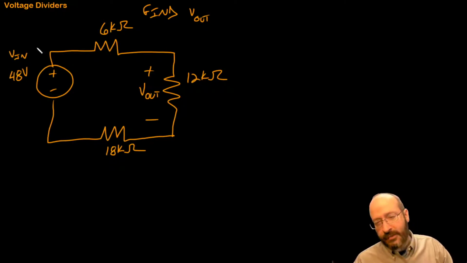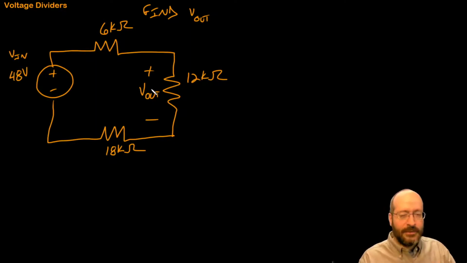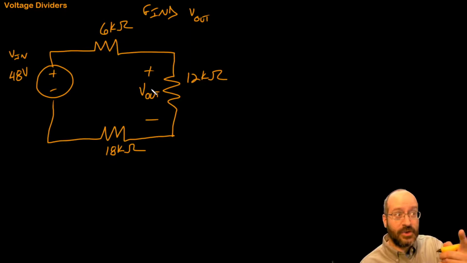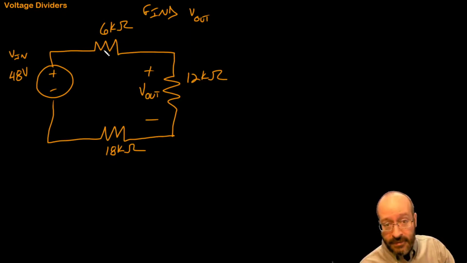A lot of times we think of the voltage across the series combination as being the input, and the voltage across the individual component as being the output. Are they in series? Yeah, they're in series. We should check that, right? We want to see that the 6K is in series with the 12K, and the 12K is in series with the 18K. Look at that.